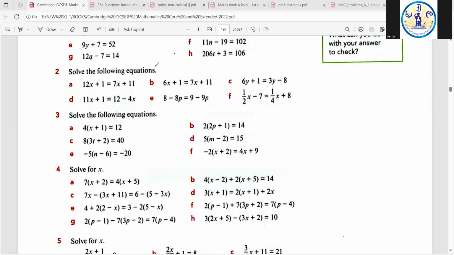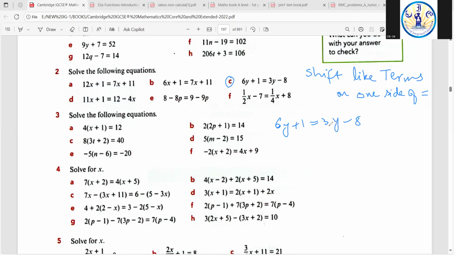Okay, let me pick up part C, for example. The method is to shift like terms on one side of equality. Now this is 6y plus 1 equals 3y minus 8.